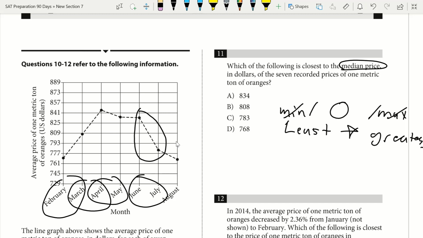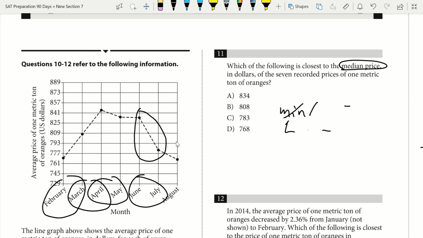Now, if our middle term has 2, then we're going to find the average. So if we get down to, say, a 3 and a 5, we take 3 plus 5, split over 2, and our median is going to be 4. So that's how a median works on the SAT.